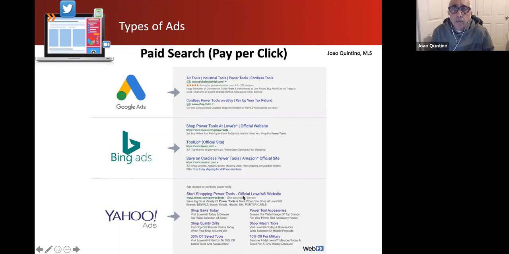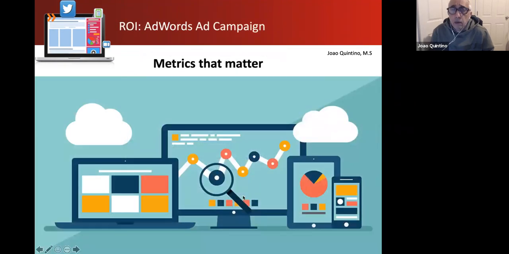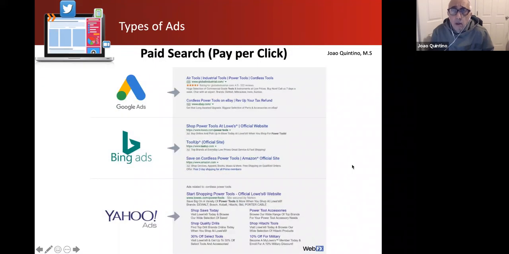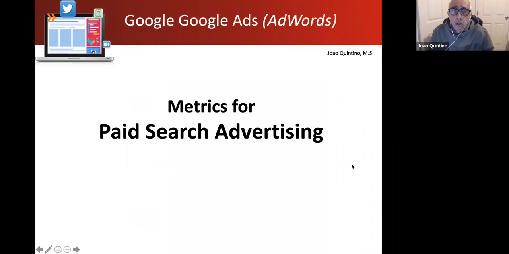It's called an affiliate program. So again, paid search is called CPC because you get charged for each click that somebody makes on the paid advertising.